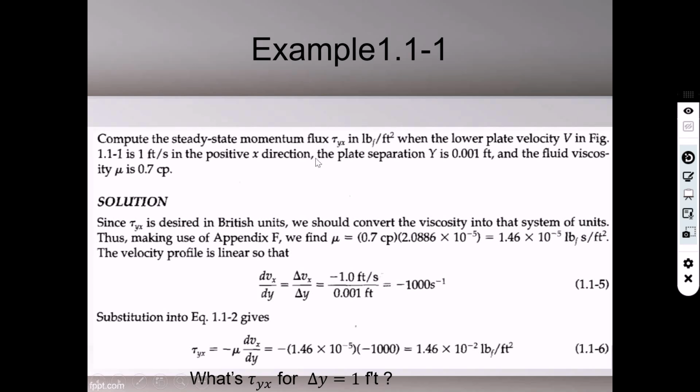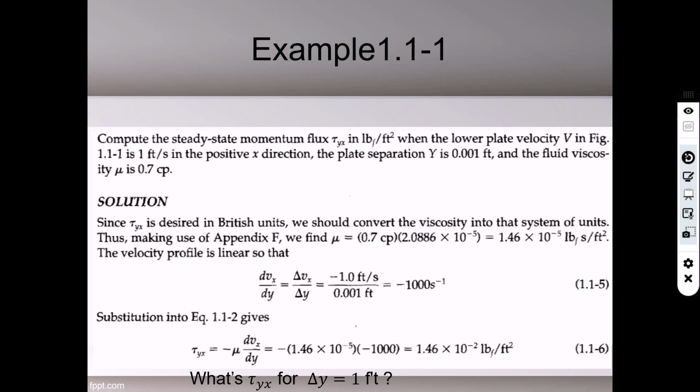Okay. And unfortunately, this is not a very good example. The example asks you to calculate the shear stress, but never tells you what this shear stress means.